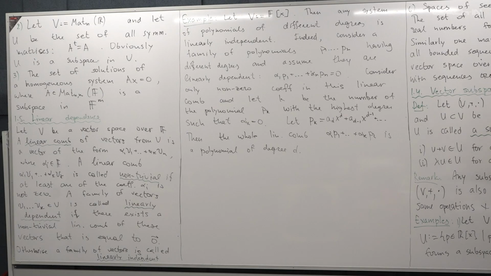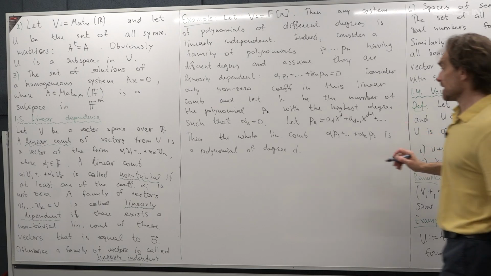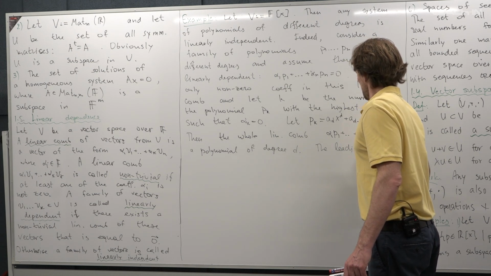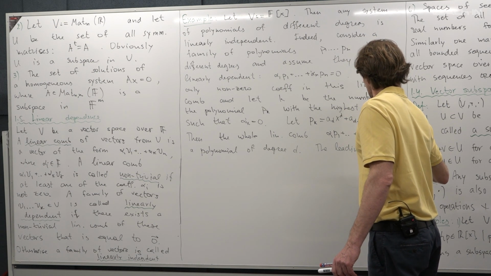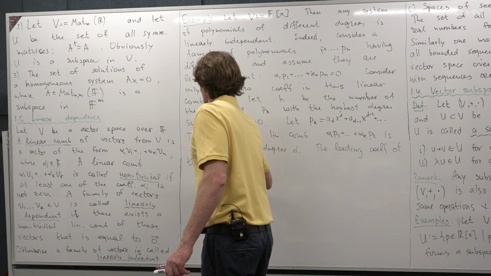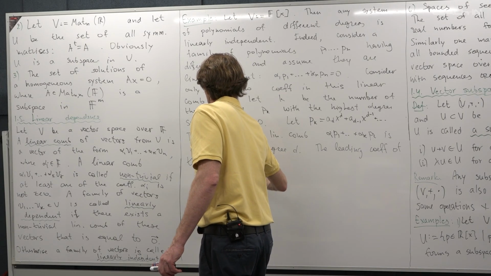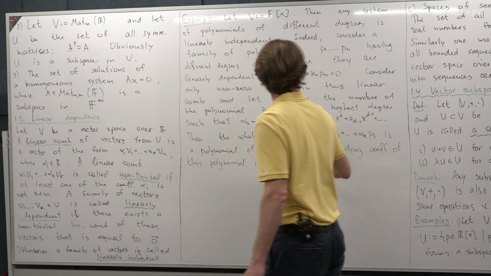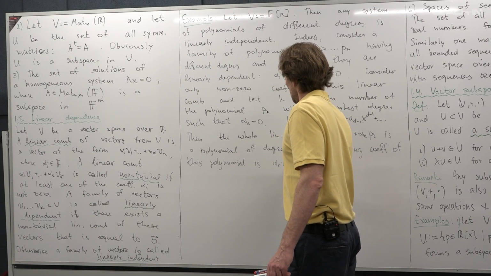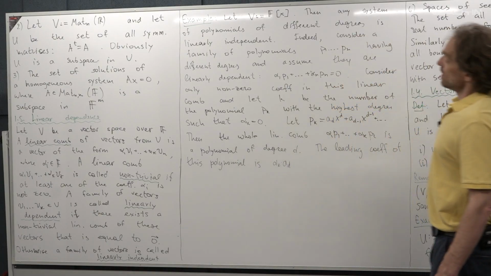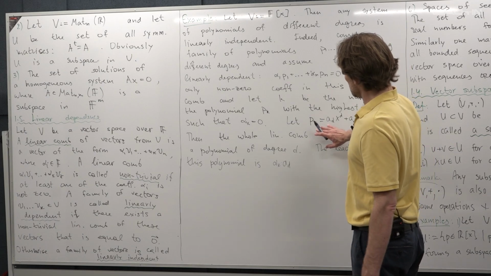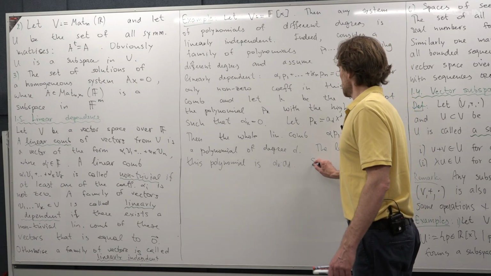That's why the degree of the whole expression is exactly d. So the leading coefficient of this polynomial is alpha k multiplied by the leading coefficient of pk, which is a sub d.